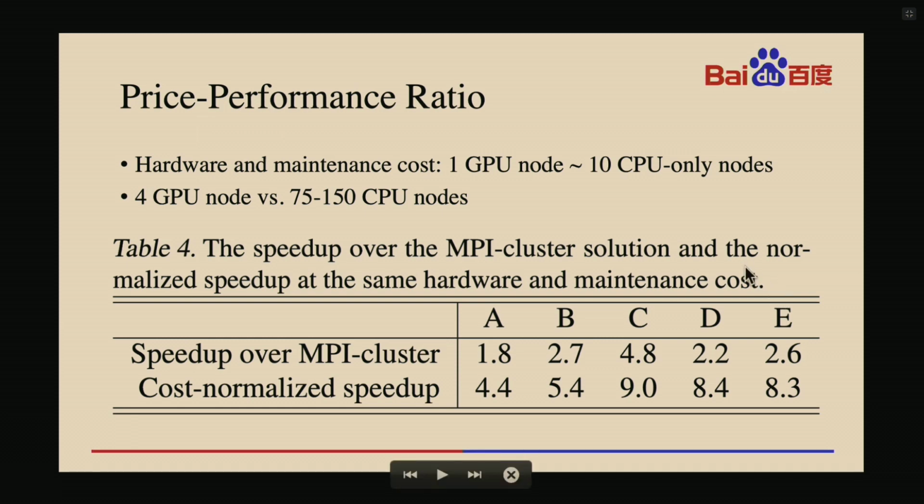That means we are comparing 4 GPU nodes with 75 to 150 CPU nodes, and we are 2 times faster. If we use the cost normalized speed up, you can see that for large models, our solution is 8.3 to 9.0 times faster, because we are using 4 GPU nodes to beat hundreds of CPU nodes.